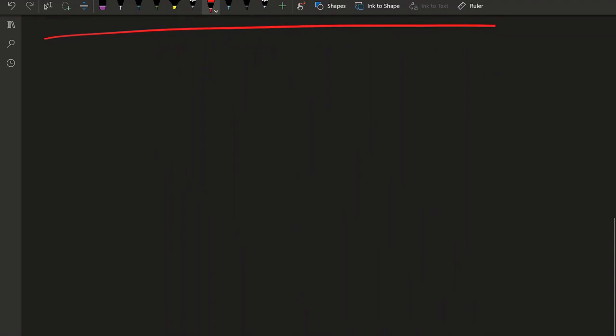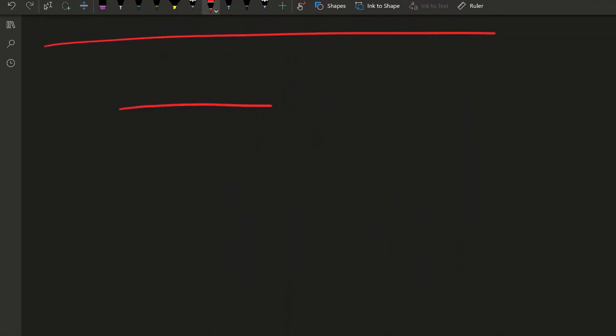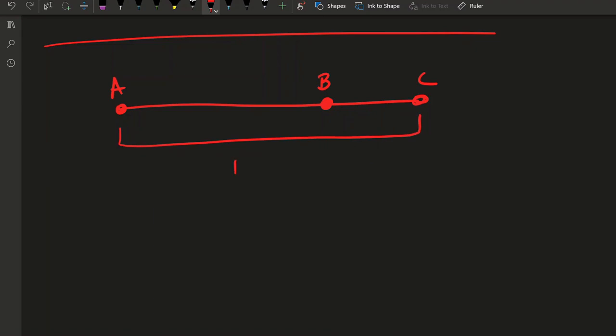So let's make that formal. The segment addition postulate is, let me draw a segment here, A, B, C. If I have a segment and there is a point in the middle of it, then I have a big segment and I have a small segment and another small segment.